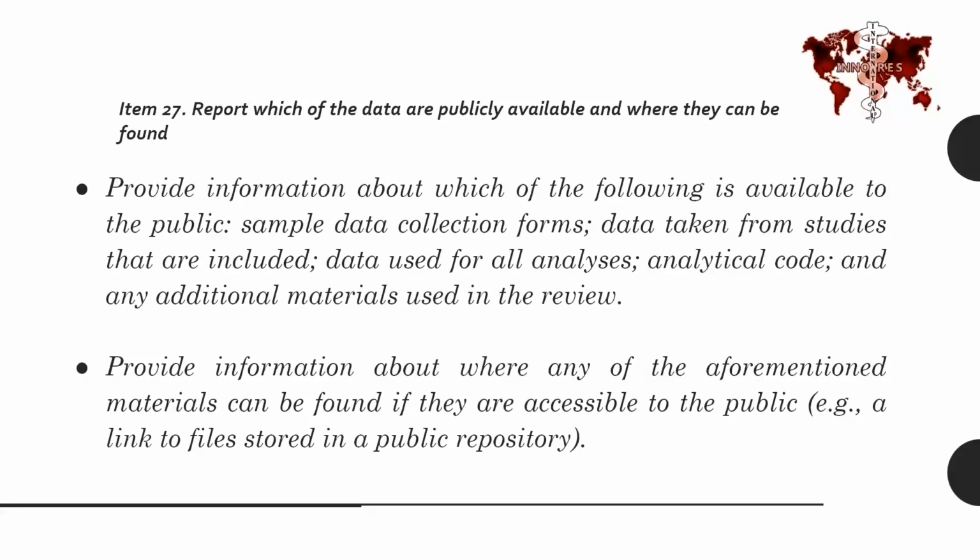Finally, item 27, which deals with how data is shared. It's important to share data, to share analytic code, all the materials that are relevant to the systematic review. It's important to make them publicly available. Such materials can include the templates, data collection forms, all the data extracted from the included studies, and also the data sets used for the analysis.